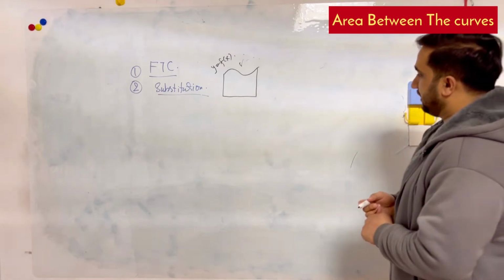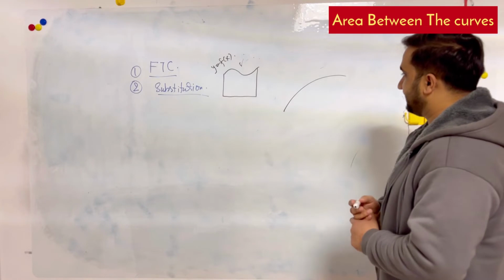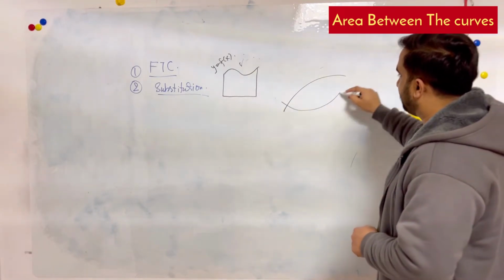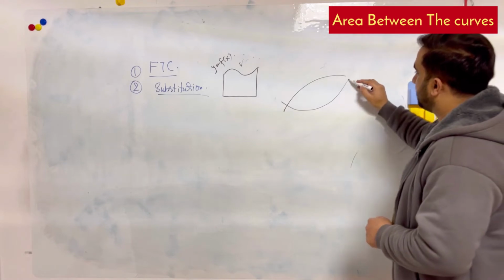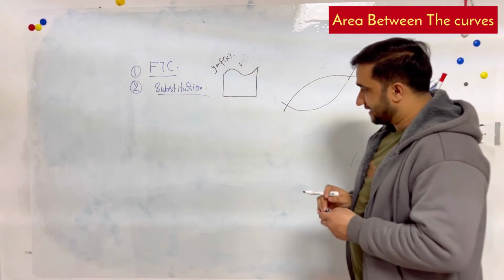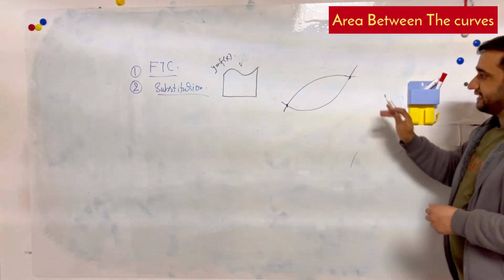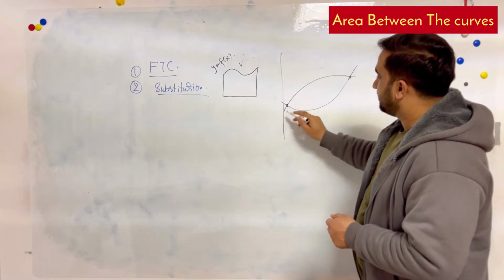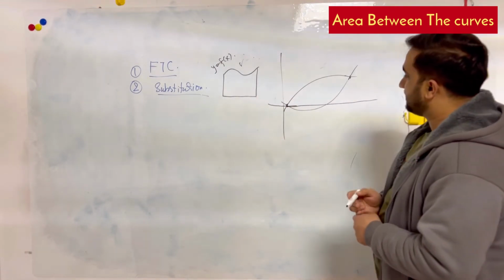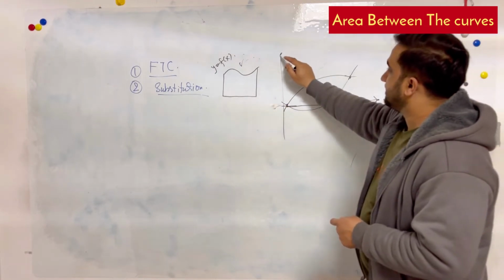Now, if we have two functions, one traveling like this and another traveling like this, and they are intersecting each other at certain points, for example, these two are the intersection points, and suppose this whole thing lies like this. This is the x-axis and this is the y-axis.